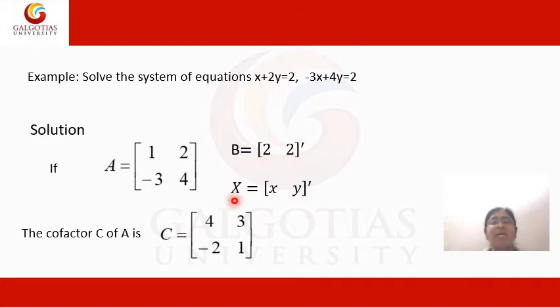Then capital X is the column matrix [x; y]. First of all we will find the cofactors of this matrix A. As already discussed, first we find the minors and then we find the cofactors, which we have already read.